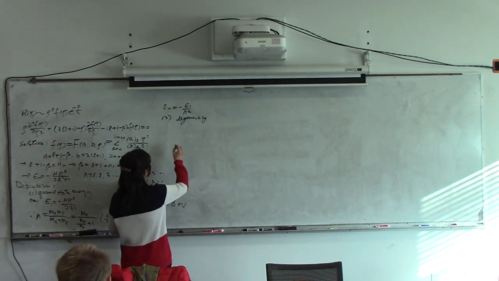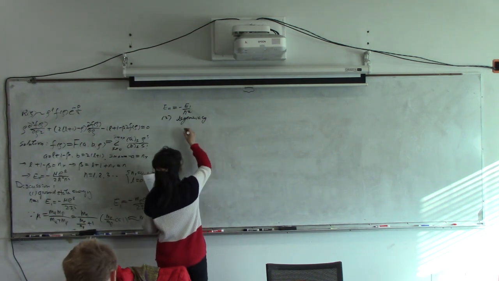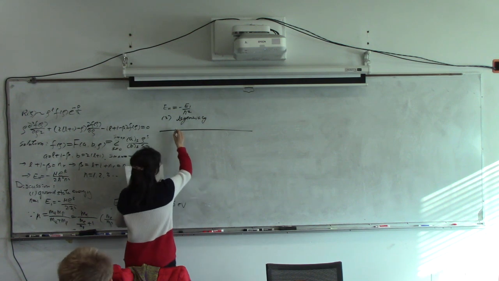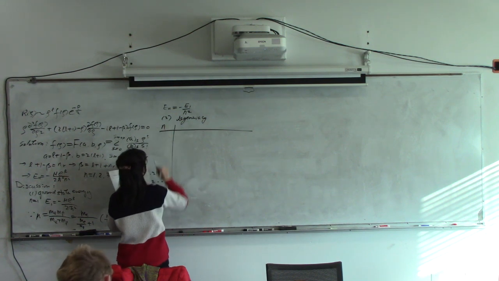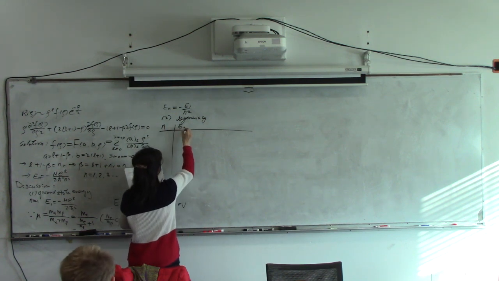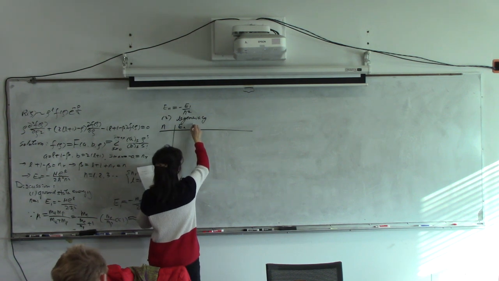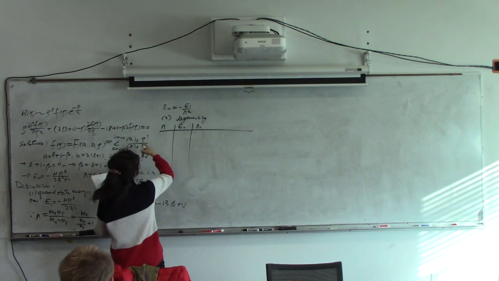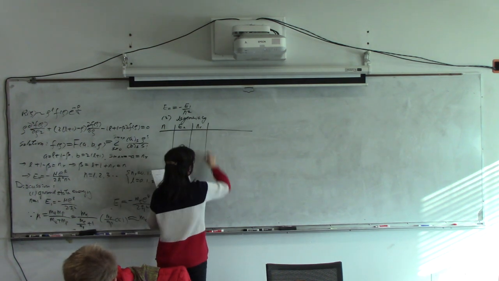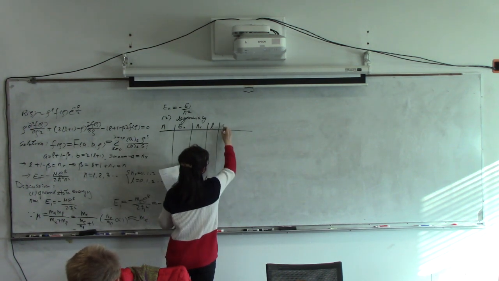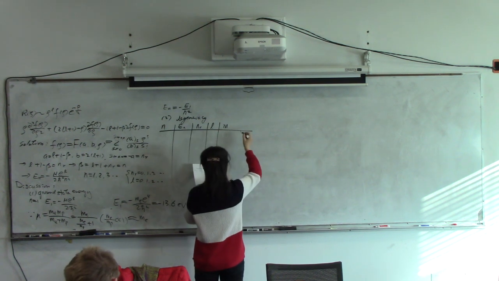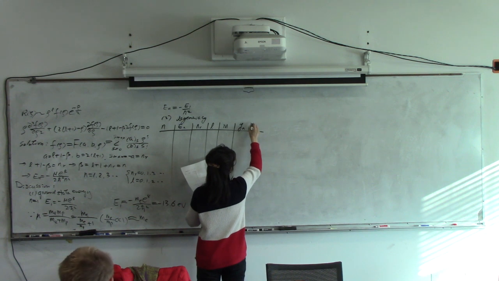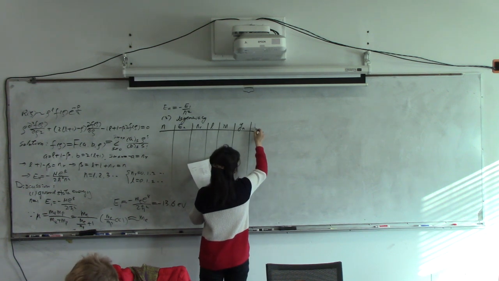Degeneracy, let's use l, and then we can have the states n, n_r, l, right? For given n, we can allow n_r and l. And for given l, we have m, right? So that is how many degenerate states we have in this case.